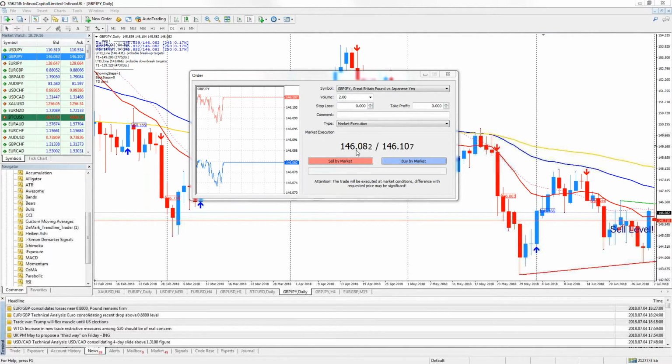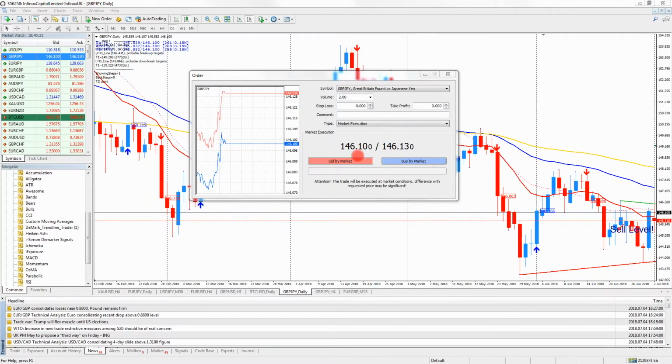Now remember in maths, you had one decimal place was the 10th, and then two decimal places was the 100th, and then three decimal places was the 1000th. Now, it's very simple. The 146 is the big figure here. So the main figure here on pound yen is 146. That's the same for sell and buy.